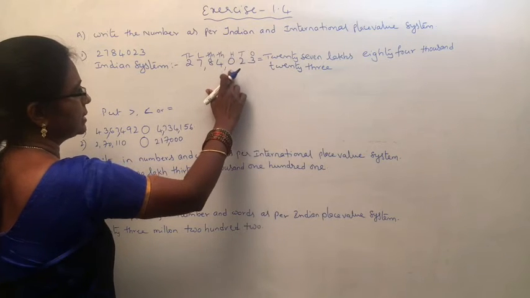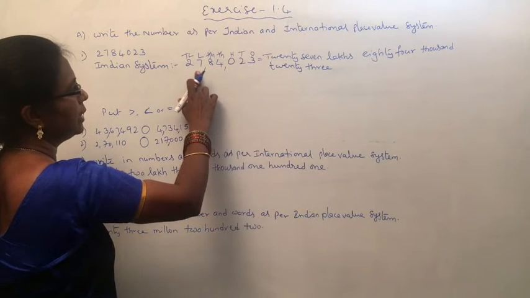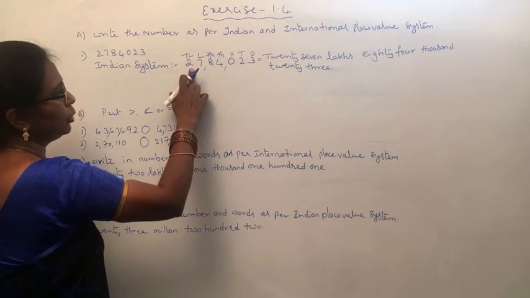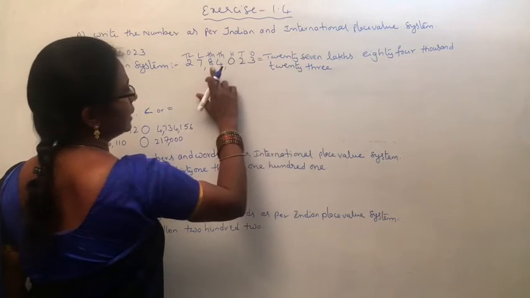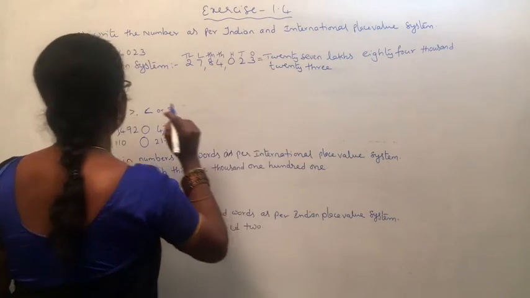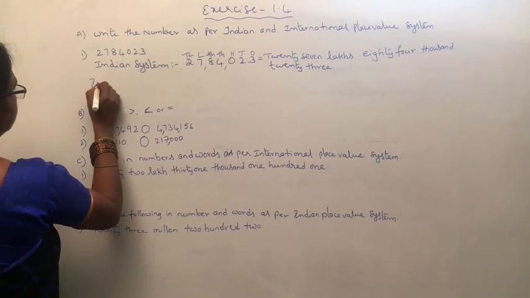Ones, tens, hundreds, comma, thousand, 10,000, comma, lakhs, 10 lakhs. Now lakhs 27. 27 lakhs, 84,000, 23. Now international system.